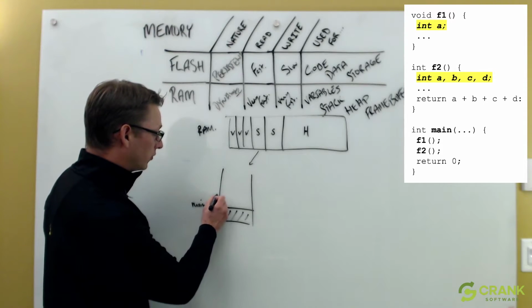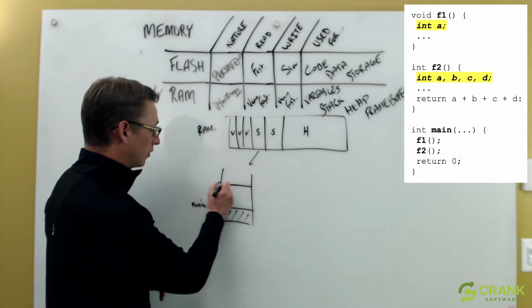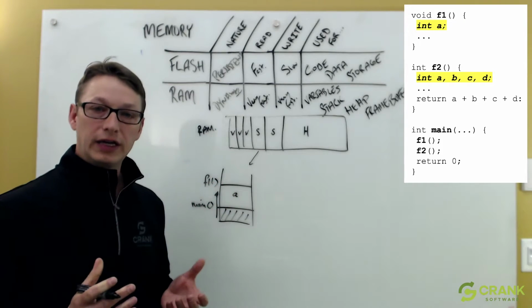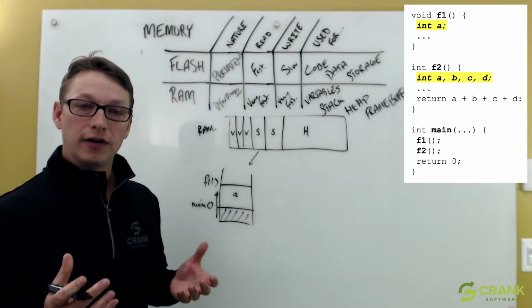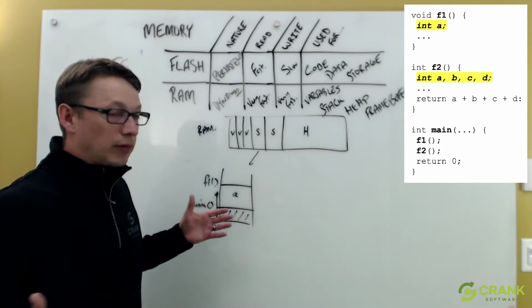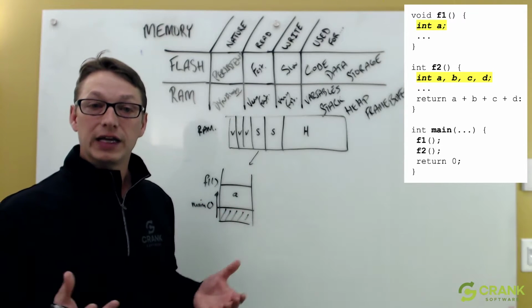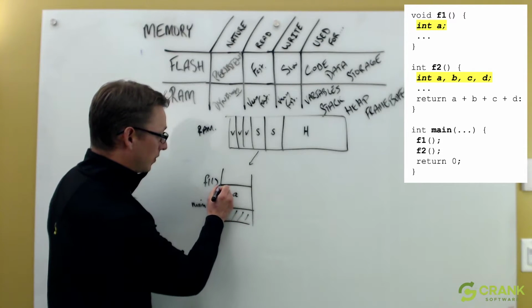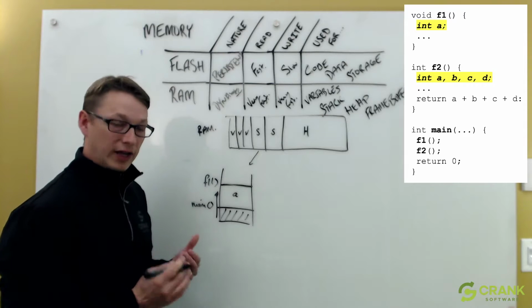As you call out into new functions, in our case f1, we need to allocate space for those local variables somewhere. Where is that int a being defined? So now we can put that memory temporarily on the stack, allocate it.